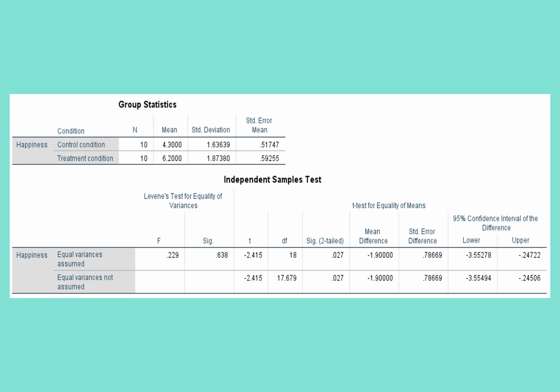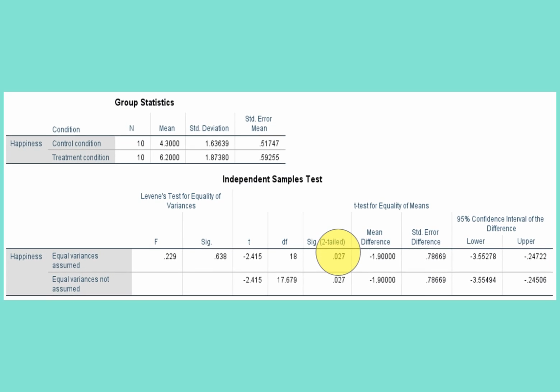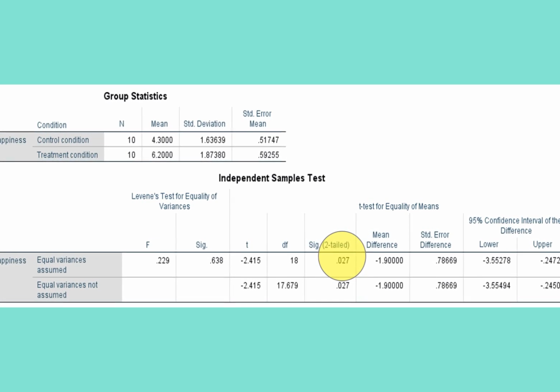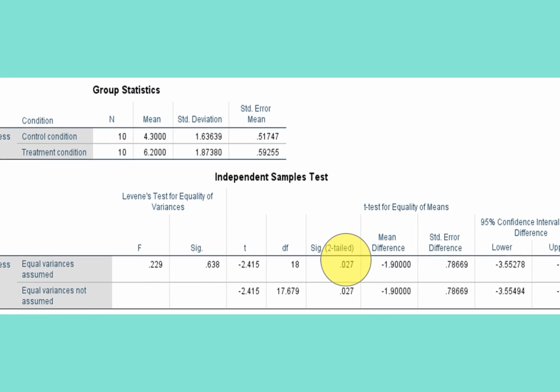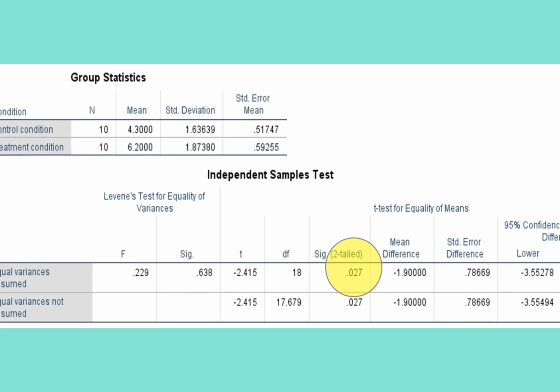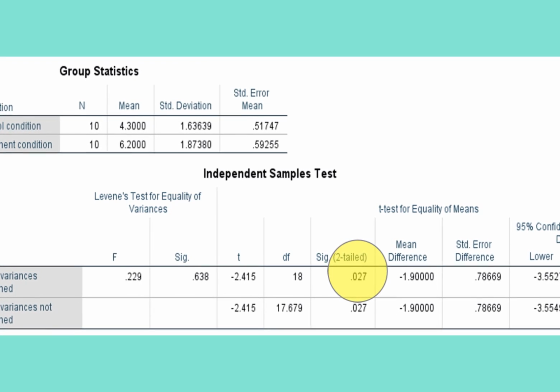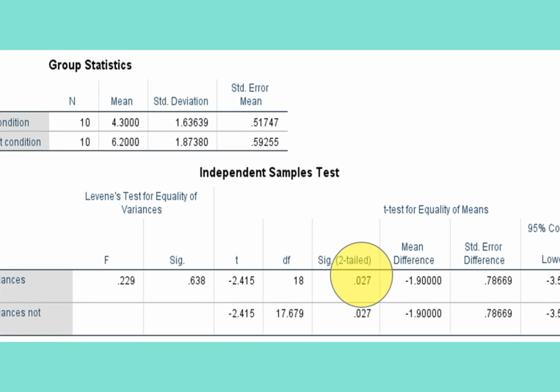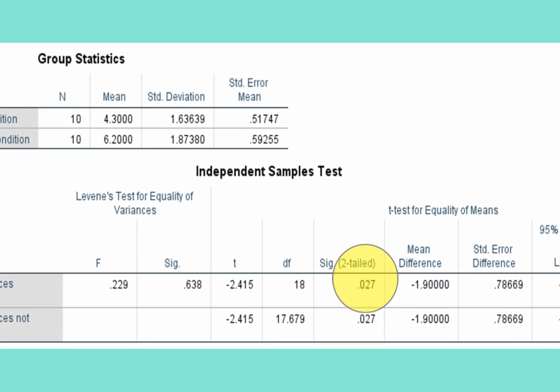Now, a whole raft of confusing numbers seems to appear, but this time locate only the significance value or p-value associated with the t-value here. If this p-value is less than 0.05, we're at least 95% sure the two conditions would differ on happiness in the population. We would thus conclude that ice cream consumption significantly affects happiness.